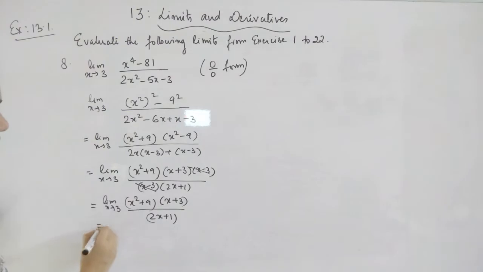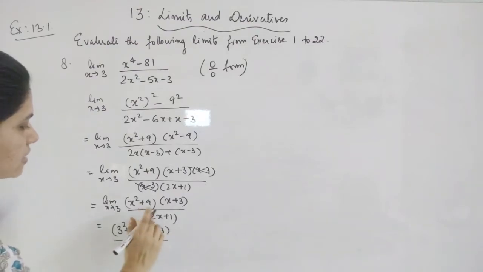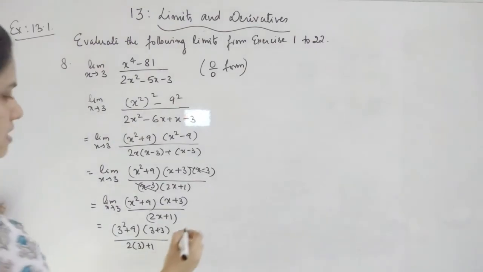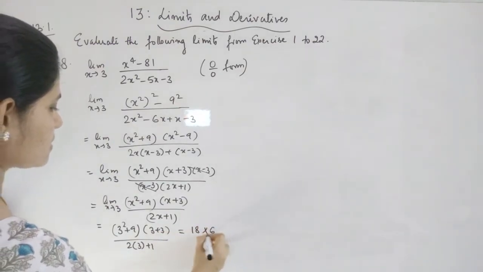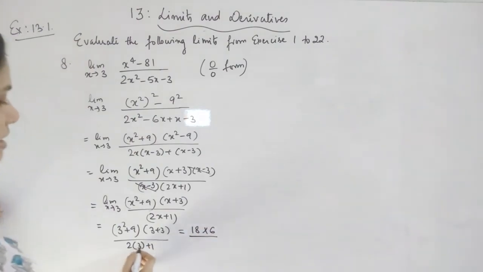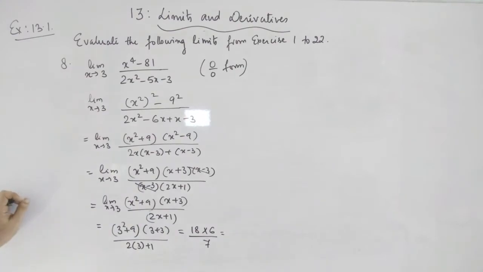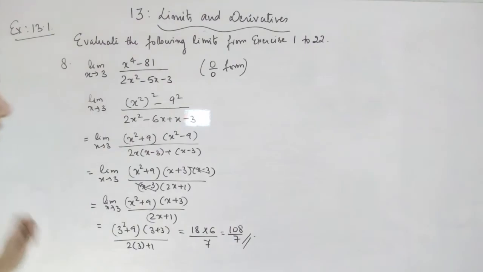Replacing x with 3 will give you 3 square plus 9 into 3 plus 3 divided by 2 into 3 plus 1, which is 9 plus 9 is 18 into 3 plus 3 is 6, divided by 6 plus 1 is 7. 18 into 6 will give you 108. So 108 by 7 is your final answer.